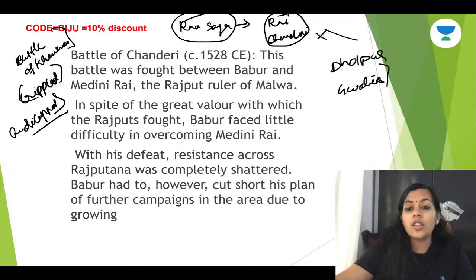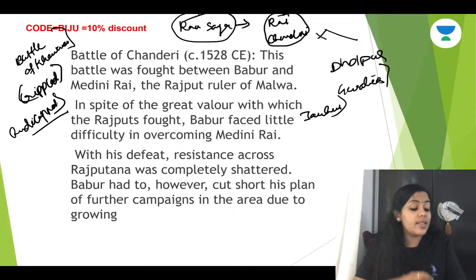If they lost the war, the women even performed Jauhar, burning themselves and dying. The Rajputs decided to fight till the end, and the fort was captured after the Rajput defenders had died fighting to the last man, and the women burned themselves by performing Jauhar.